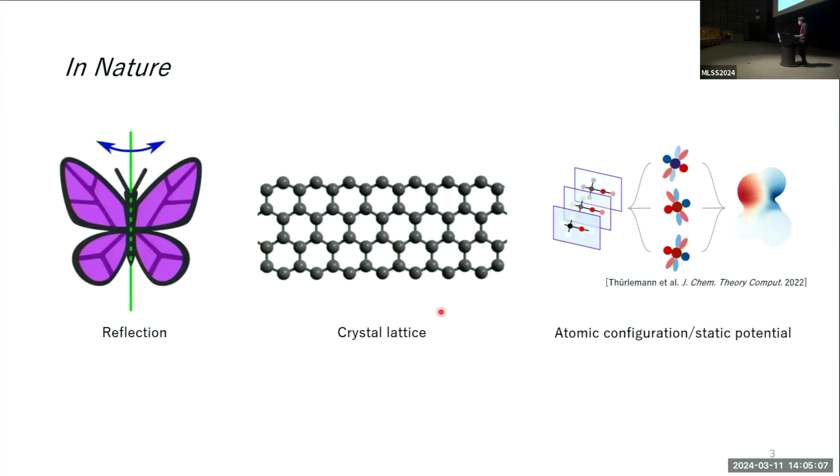And in physics, atomic configurations have symmetry, and many chemistry and physics theories make use of such symmetry in developing something. You may also know that machine learning methods have been successfully applied to these areas of chemistry and physics nowadays, and they tend to use such symmetry in developing methods and theory.